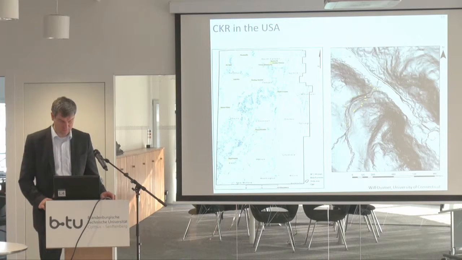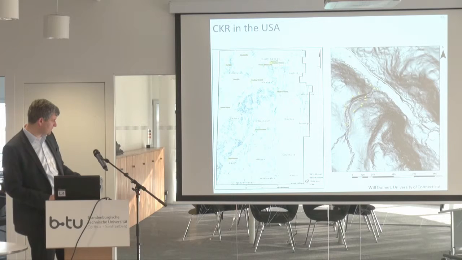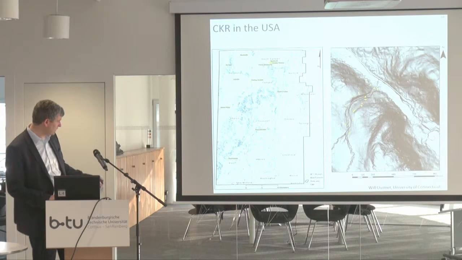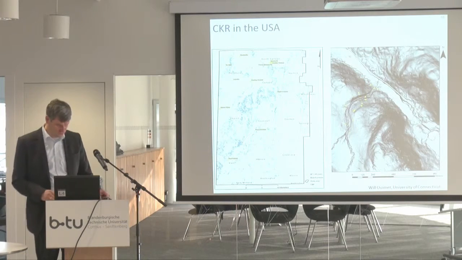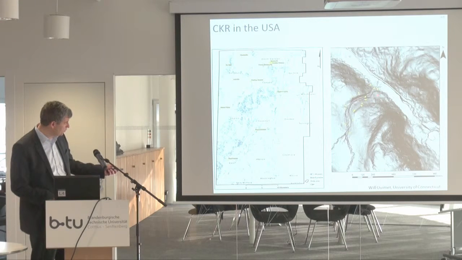I just returned from the US in October, where I did some fieldwork together with a colleague from the University of Connecticut. This is a map of Western Connecticut, so New York City would be 150 kilometers to the southwest. All these clouds of blue dots are charcoal kiln remains, and the yellow dots are the ones we studied.